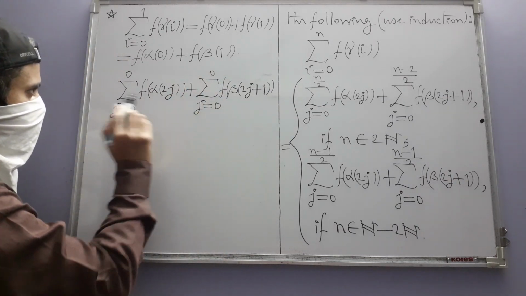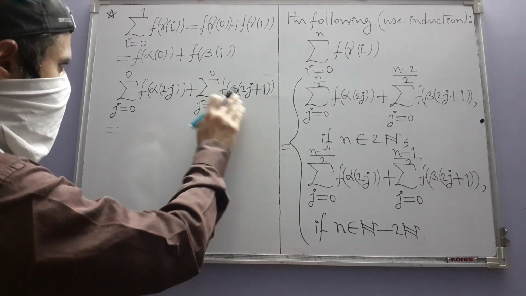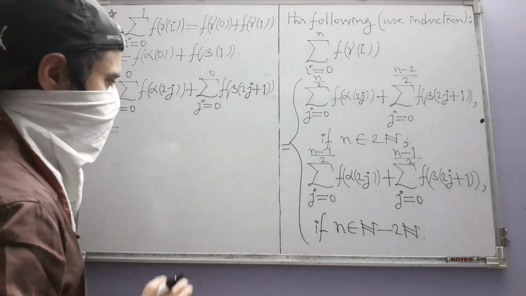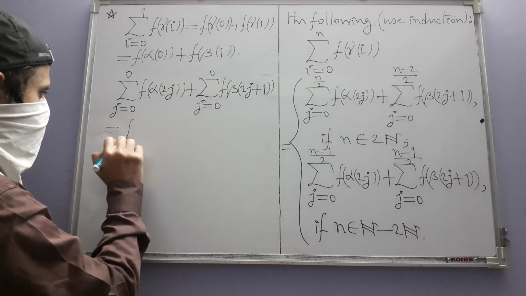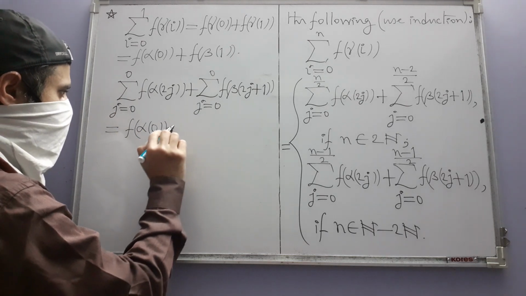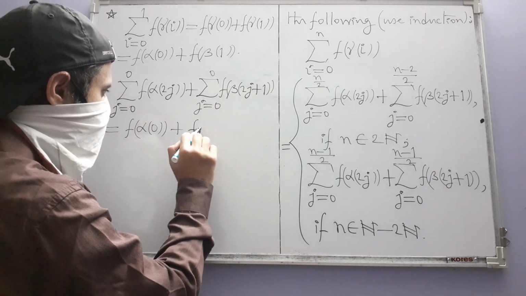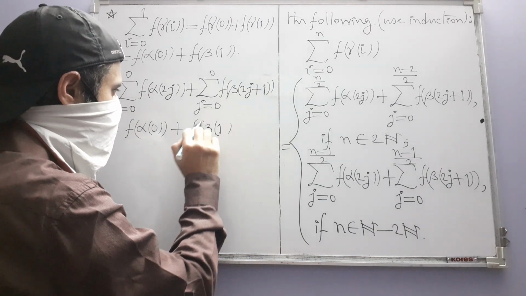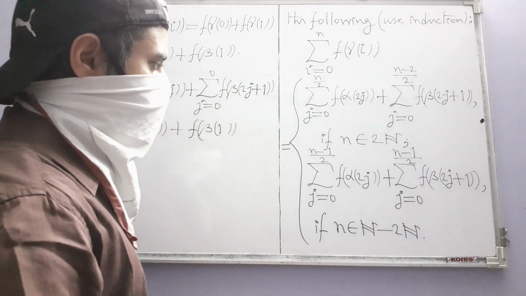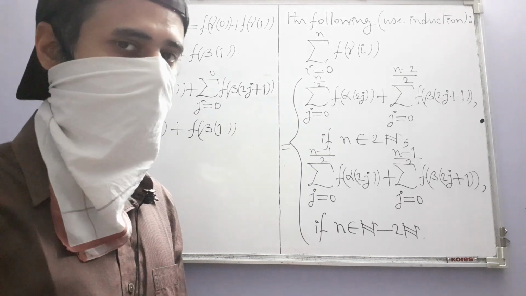That means in each sum we have one term only. So you get it by simply putting j equal to 0. Then this one gives you f of alpha of 0, and here you get f of beta of 1. See? Same.